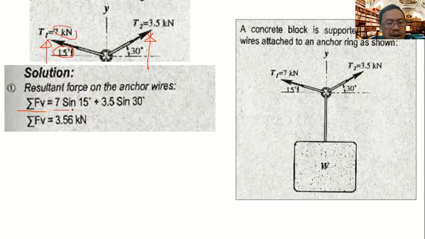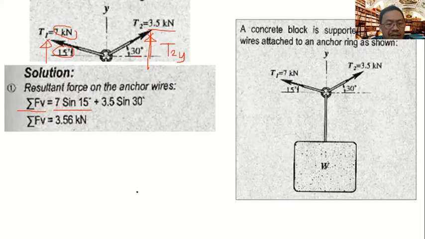So ito yan, no? 7 sine 15 degrees. Okay? And then for T2, this vertical component of T2, yung sinasabi nga natin T2y. Okay? So this T2y is just simply equal to that sine of 30, okay, times that 3.5. Okay? So we got the forces vertical.